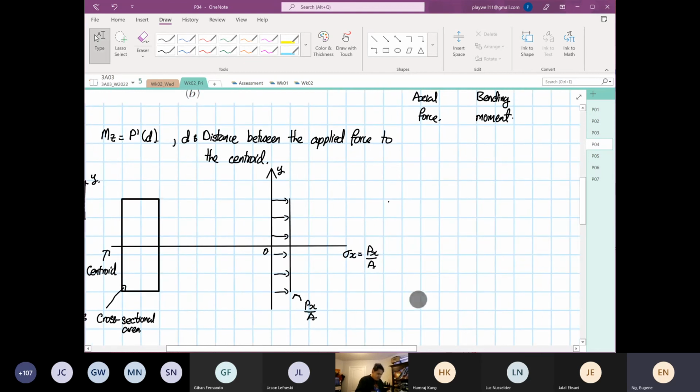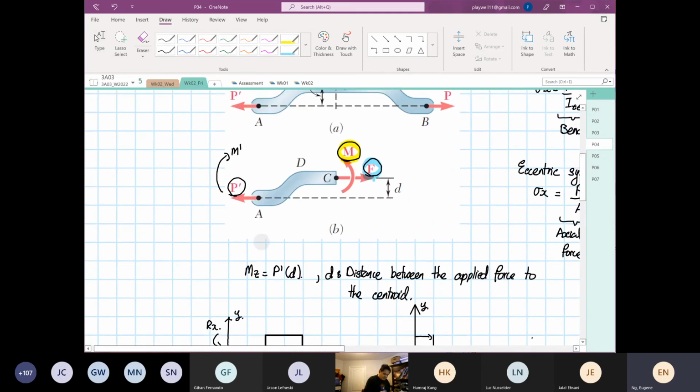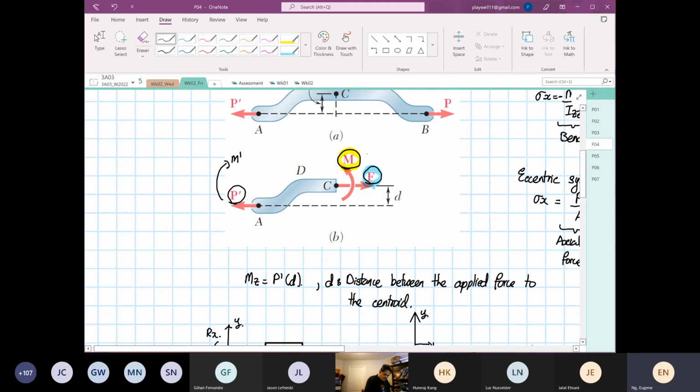Then now we sketch our bending moment. So stress X is equal to minus mz over Izz multiplied by Y. Again, this is our Y. Based on this orientation, at the top, the head of the moment vector is going to be compressive.